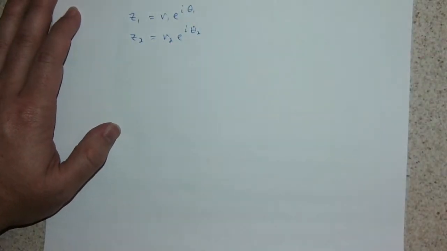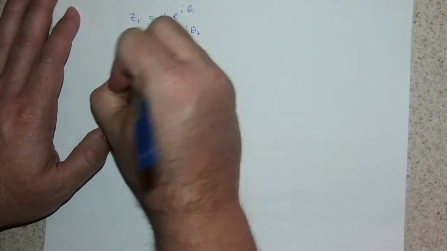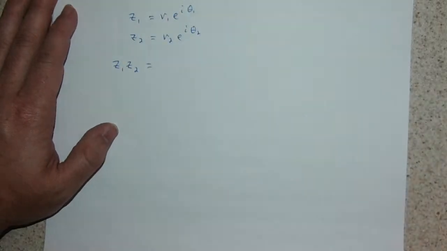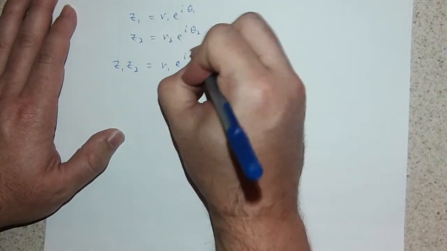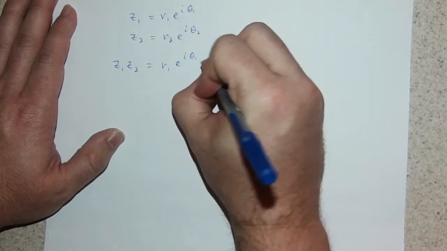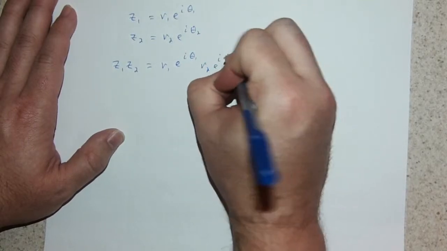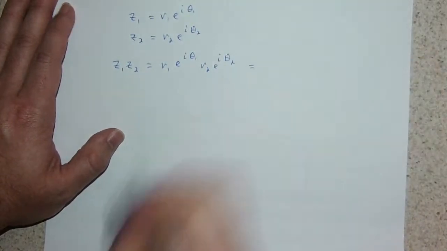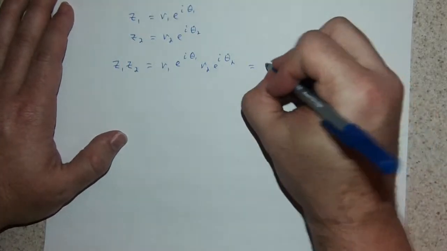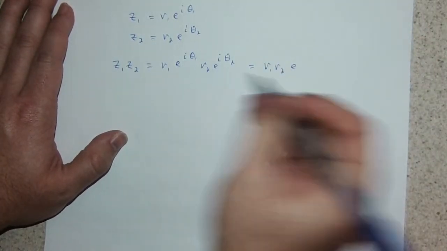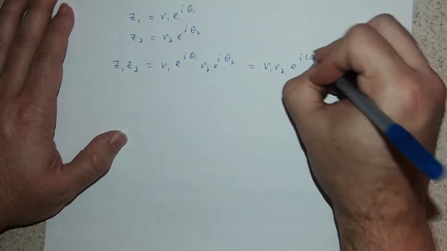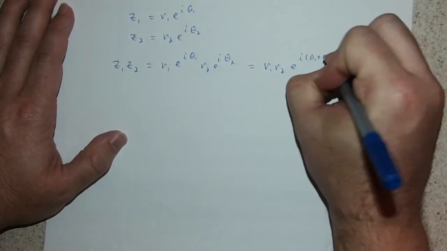If those are our two complex numbers in question, if we multiply those, then dealing with this is really easy. This is r sub 1 e to the I theta sub 1 times r sub 2 e to the I theta sub 2. Of course, I can rearrange the multiplications here, so this is really just r1 r2 times e to the I theta sub 1 plus theta sub 2.